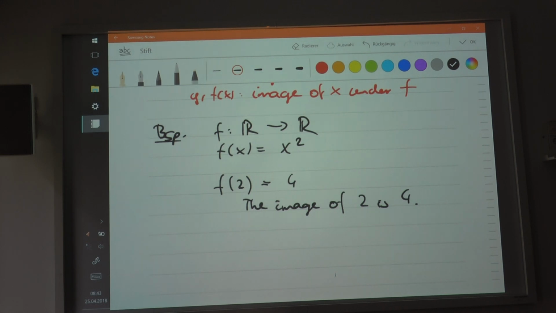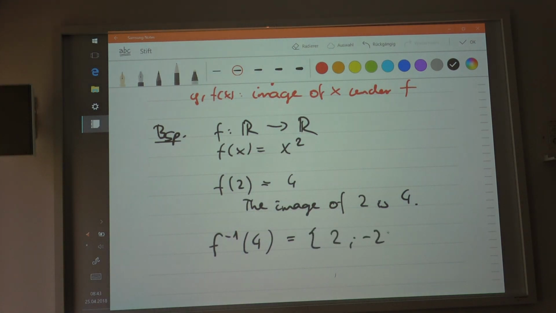All right, and what's going to be the pre-image? This is actually how you call the pre-image, so let me give that to you. This is the notation for the pre-image. So what's the pre-image of 4? The question is, what do you have to put into the function to get the number 4? This is relatively easy. I hope you understand this. Right, so 2 and negative 2.